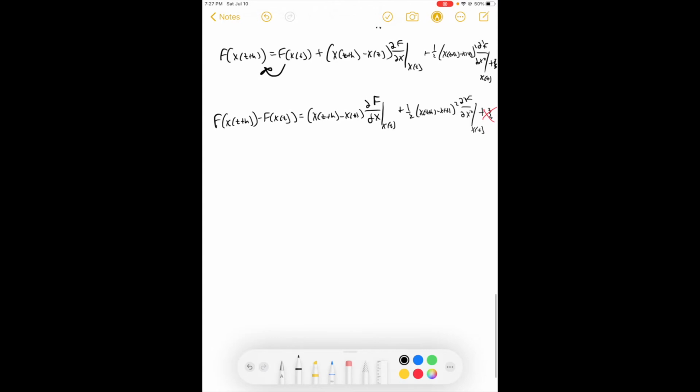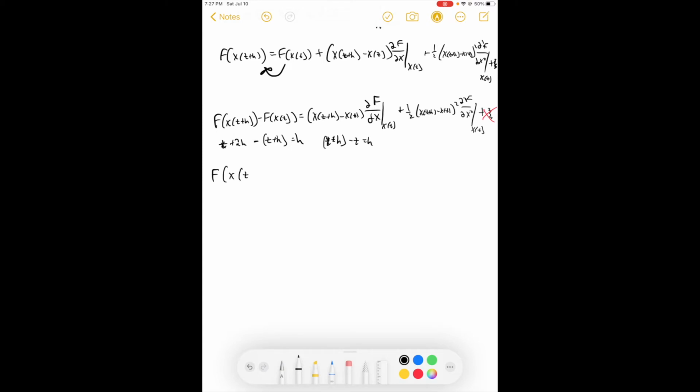Now let's look at the next step, f of x of t plus 2h. So if you think about this, t plus 2h minus t plus h is just going to give us h, which is the same as t plus h minus t. So we can still do this.